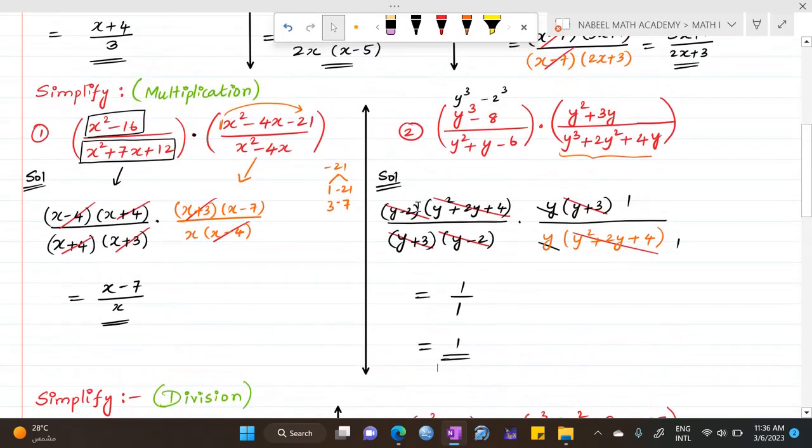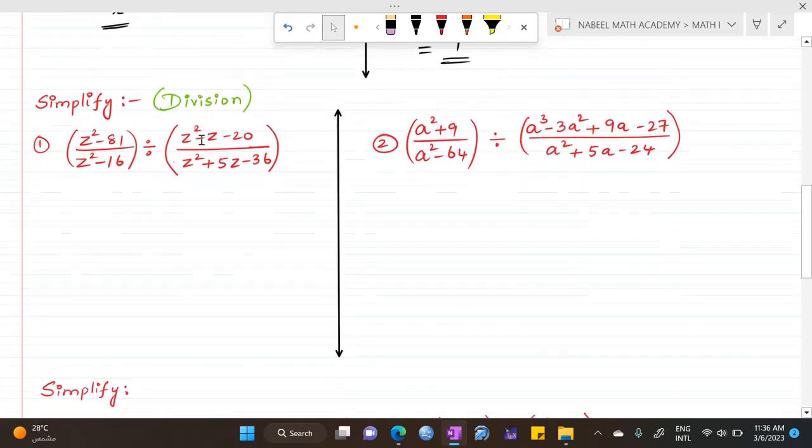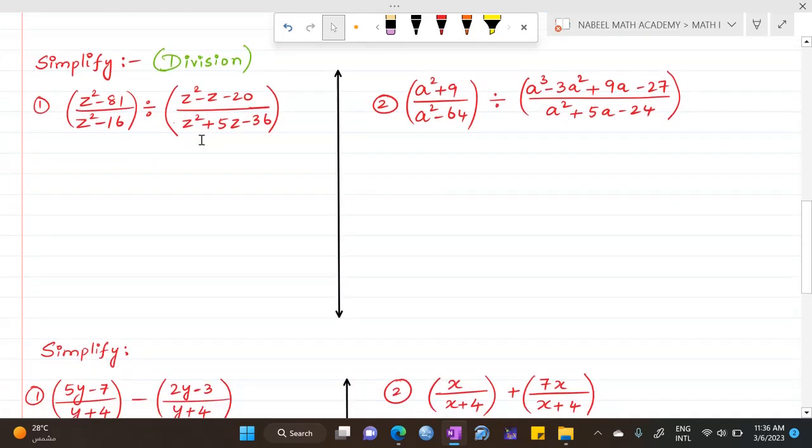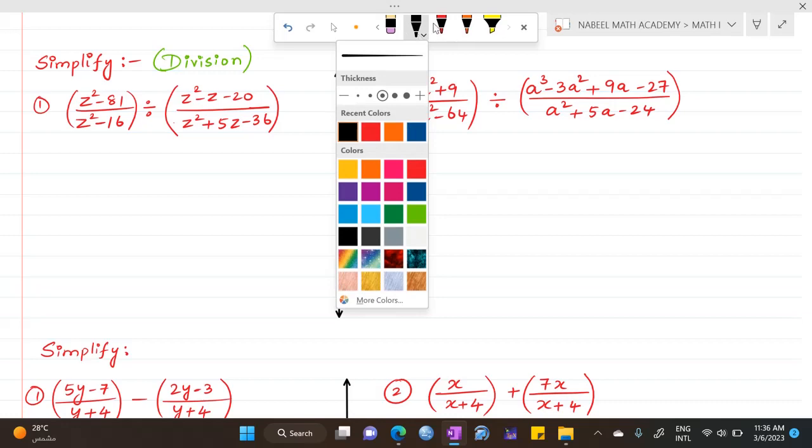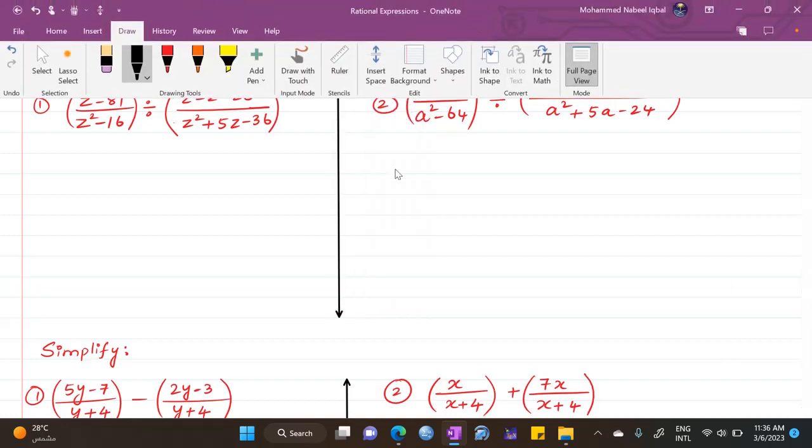Now the next one we have is a division of a rational expression; before it was a multiplication. It is the same thing. Whenever you have a division, this is the technique we will follow for all the problems.